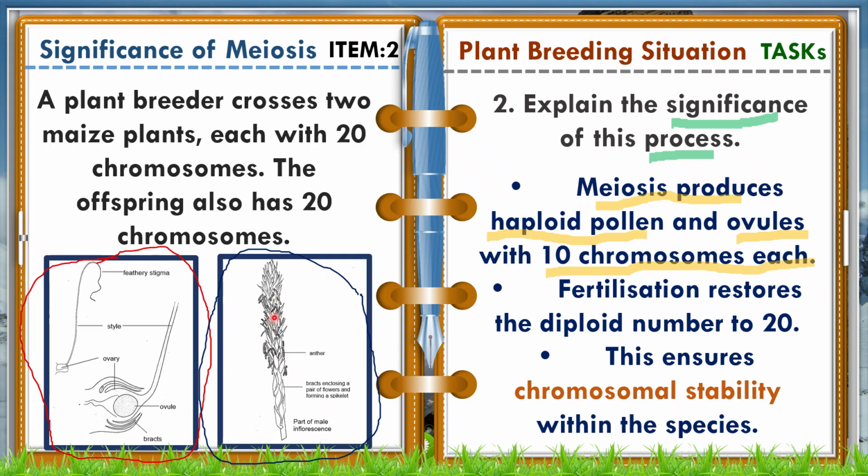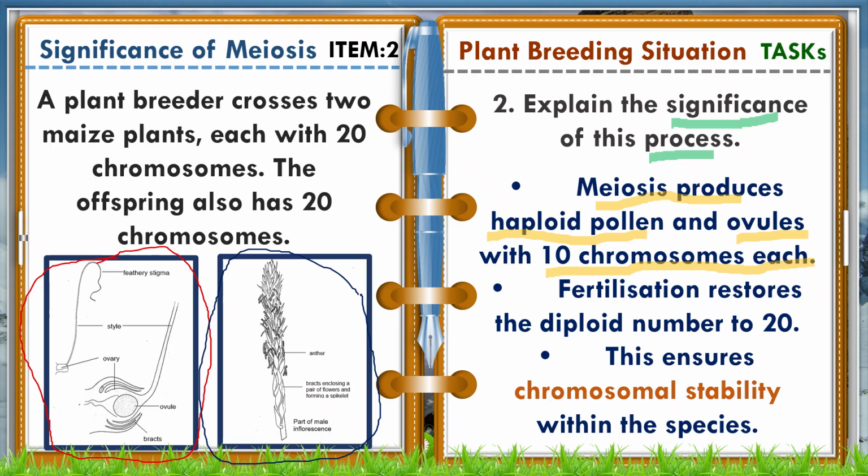These are the ones that are going to form pollen. The pollen which is formed here comes from a parent who has 20 chromosomes, but the pollen will also be reduced to 10. So that is the process of meiosis. So we say meiosis produces haploid pollen and ovules with 10 chromosomes each.